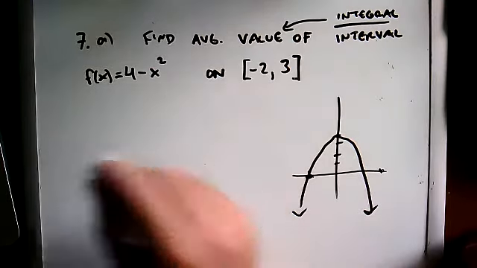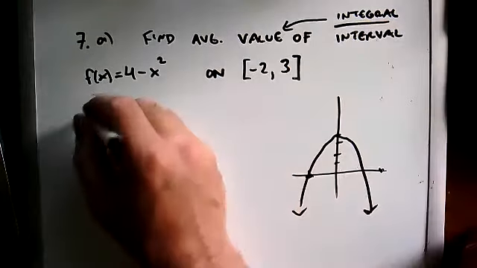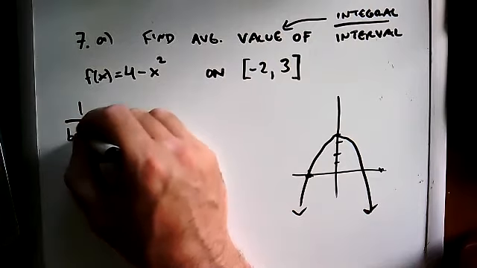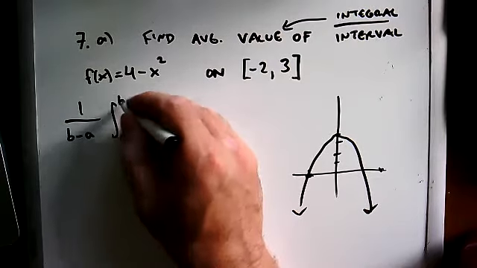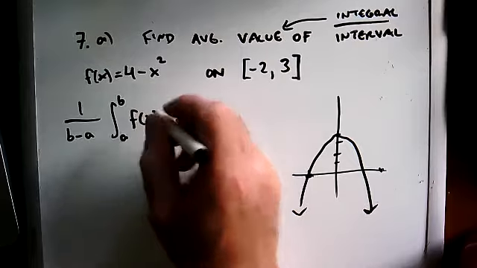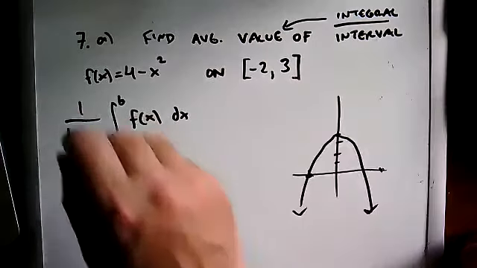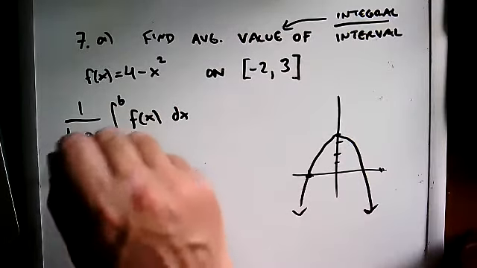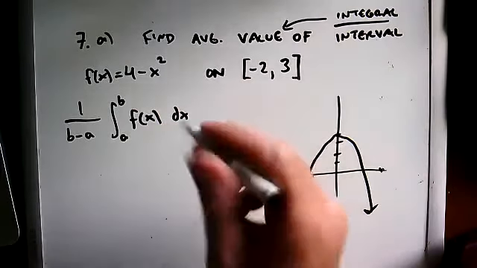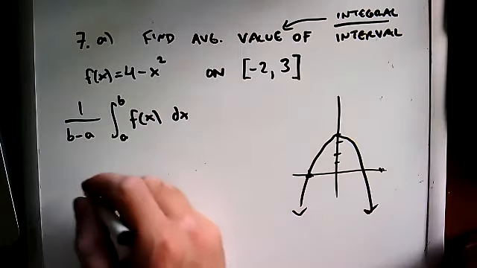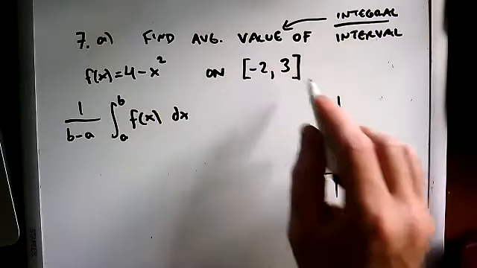Okay, so integral over interval, or equivalently 1 over b minus a times the definite integral from a to b of f of x dx. These say the same thing. 1 over b minus a is the width of the interval, and then here's the integral itself. So for this problem, we're going from -2 to 3.